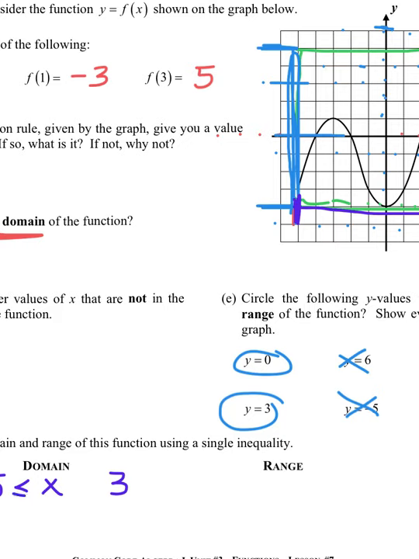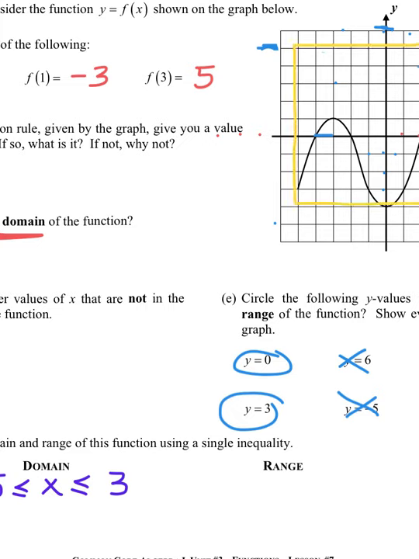We are going to include negative 5 and include 3 this time, because the graph looks like it goes through those points. If there was an open circle at the end, we might use a less than or a greater than, but this one goes through those points.